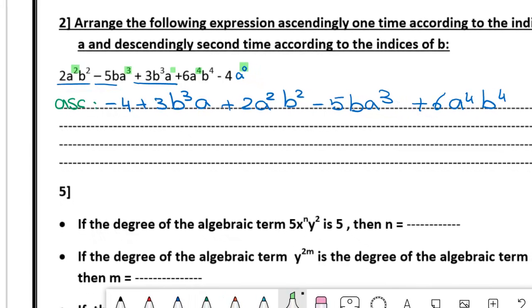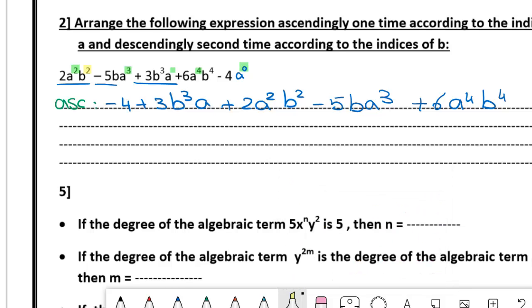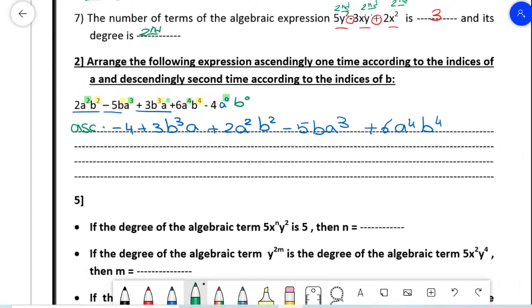Let's go now to see how we can arrange it according to the descending order to the indices of b. Here I have b having power 2, here b is having power 1, here b is having power 3, here b is having power 4, and I know that since negative 4 has no b beside it, so b here should be having the power of 0.